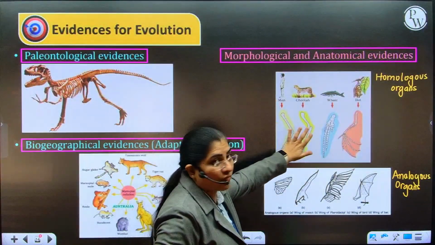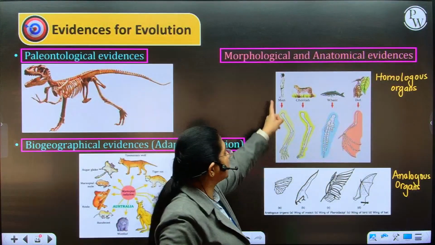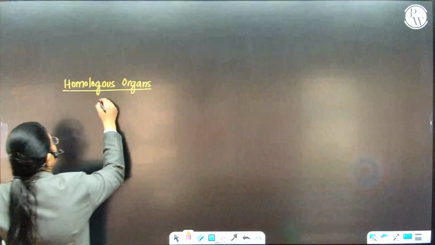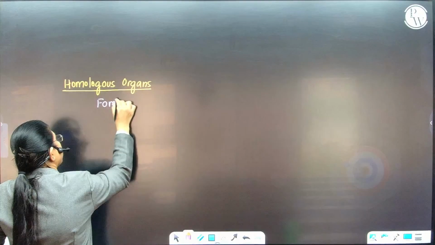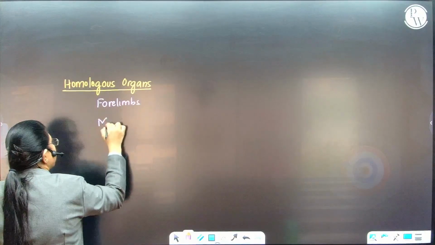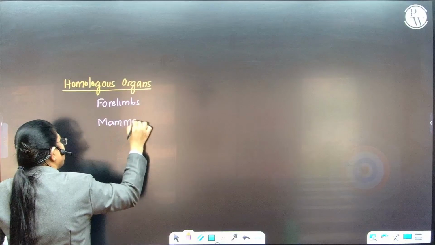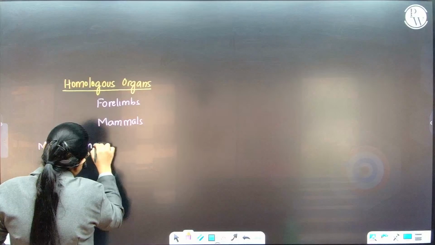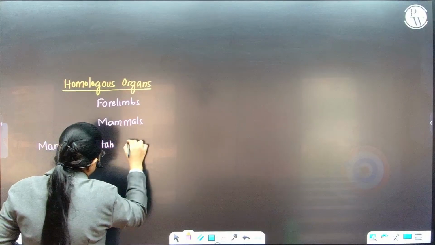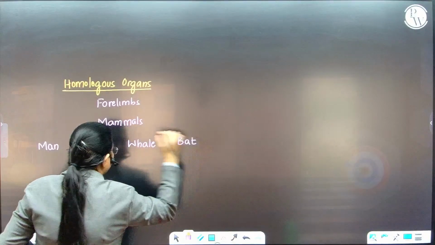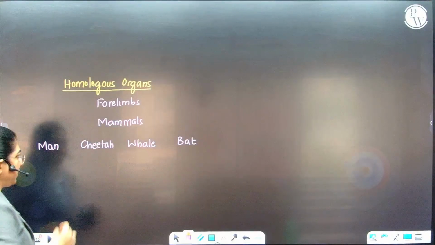We are talking about the forelimbs of mammals, which are man, cheetah, whale, and bat. All of these are mammals we have studied in Animalia.